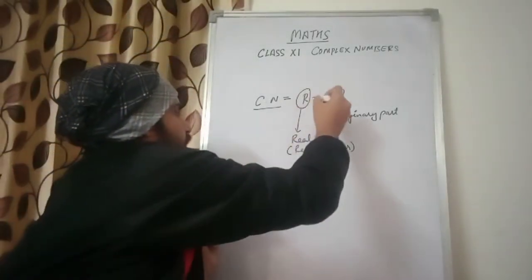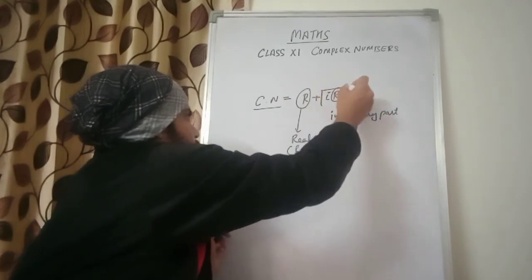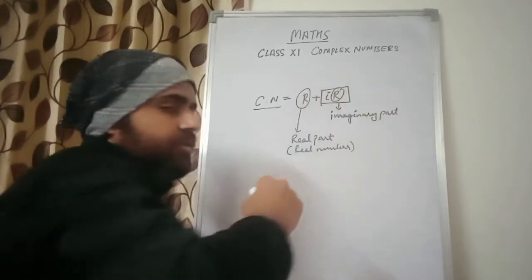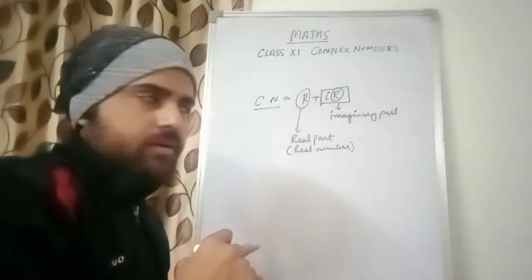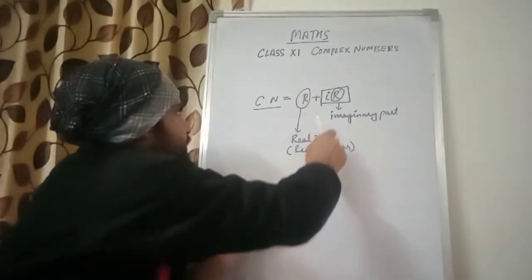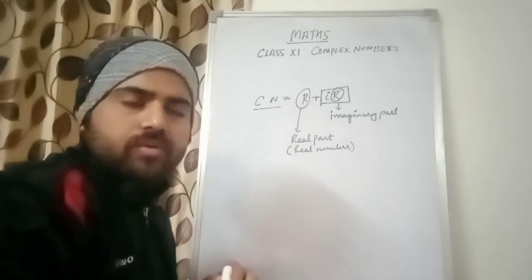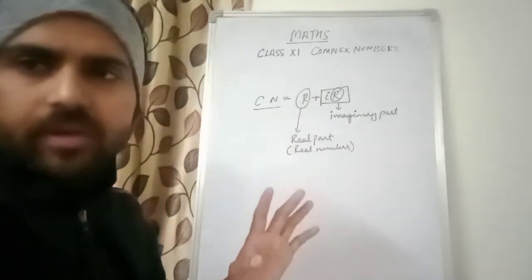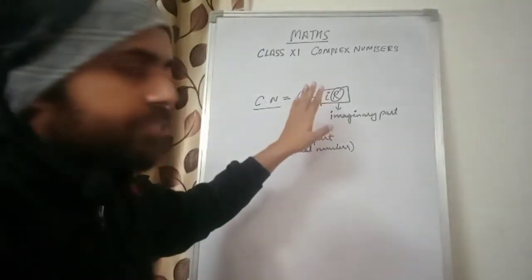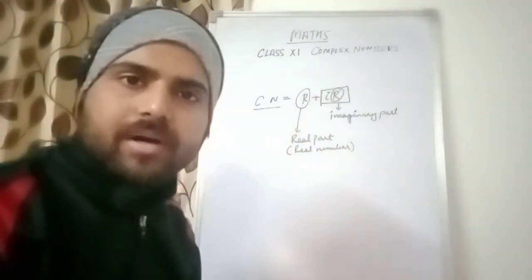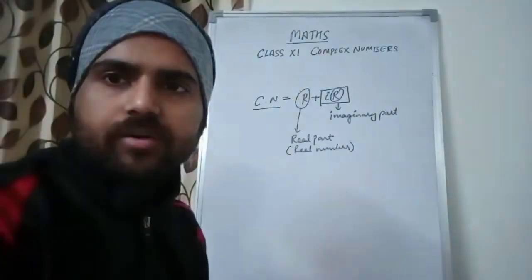Now in this I have a second part, which is known as the imaginary part. Now this part has i. i stands for imaginary. So any number which is associated with i, or you can say that part, will be called the imaginary part of the complex number.